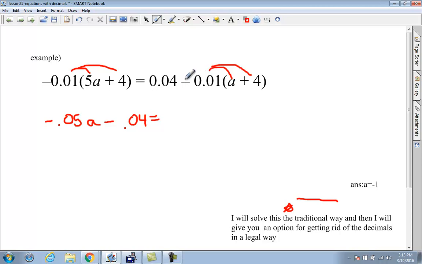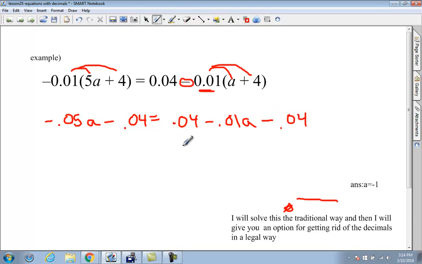That negative, by the way, this minus sign, it always belongs to the number that's to the right of it, so I can essentially read that as negative 0.01. I'm going to have this 0.04, I'm just going to keep it, so then minus 0.01a, and then 0.01 times 4 is 0.04, but a negative times a positive is a negative, so negative 0.04.